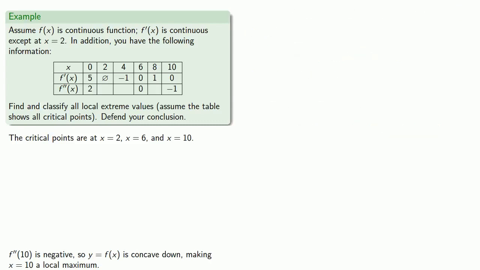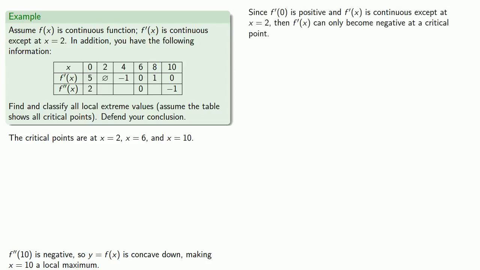So we notice that f prime of 0 is positive, and we know that f prime of x is continuous except at x equals 2. And so that means that f prime of x can only become negative at a critical point. And in fact, this gives us a more general observation.